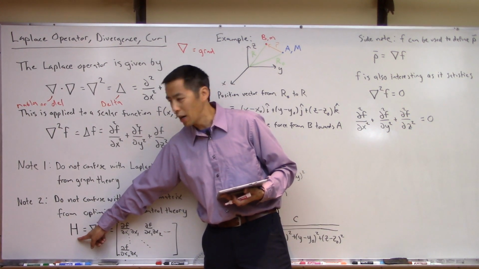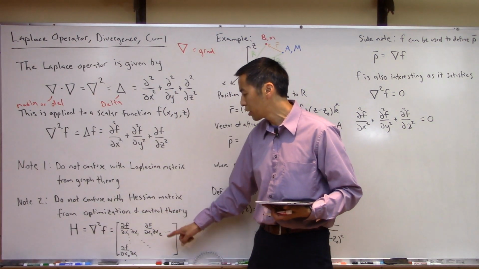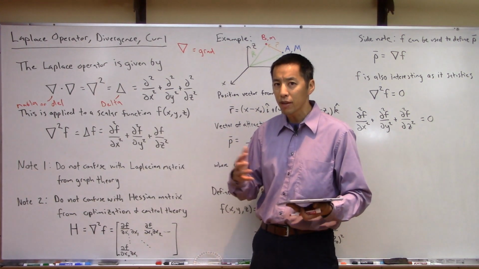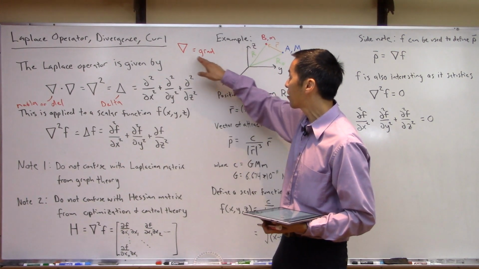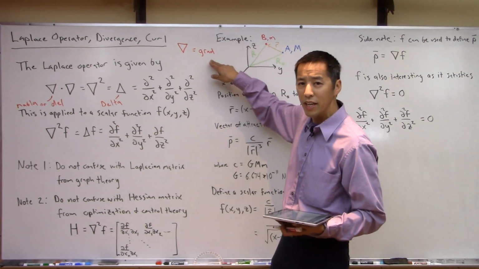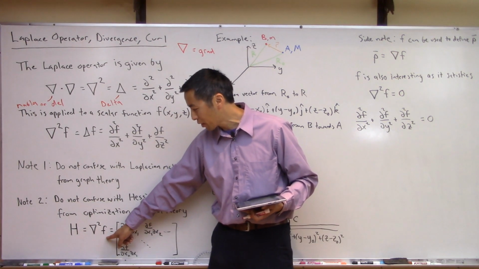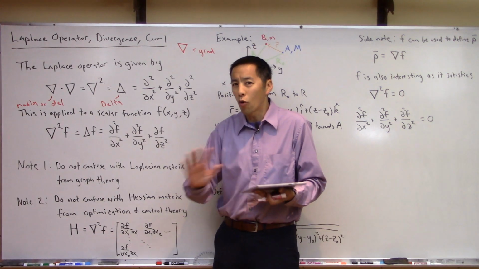What the H is in optimization and control theory, it's a matrix of second derivatives, of mixed second derivatives, okay? So again, it's almost like it's a second derivative or 2 gradients. So sometimes mathematicians will denote this Hessian matrix as gradient squared f, which again is horrible notation.